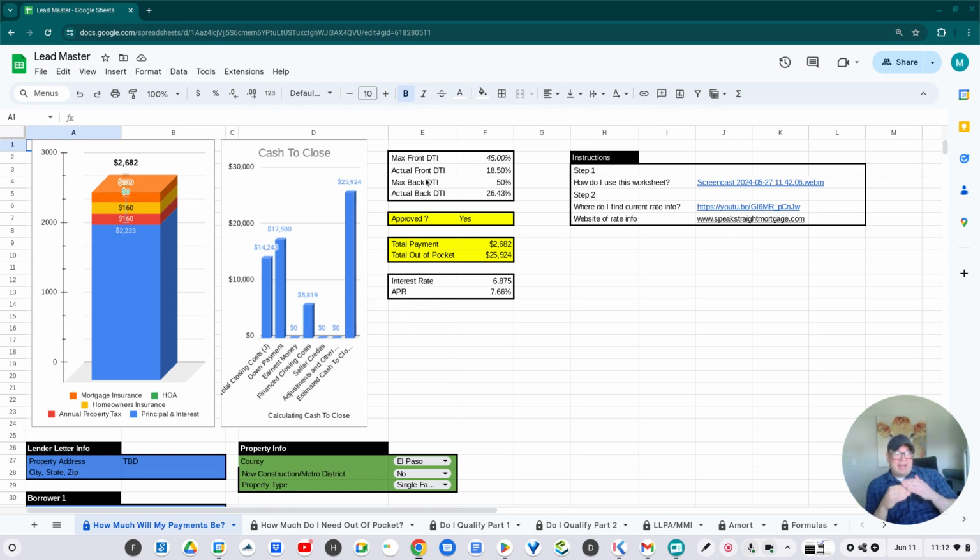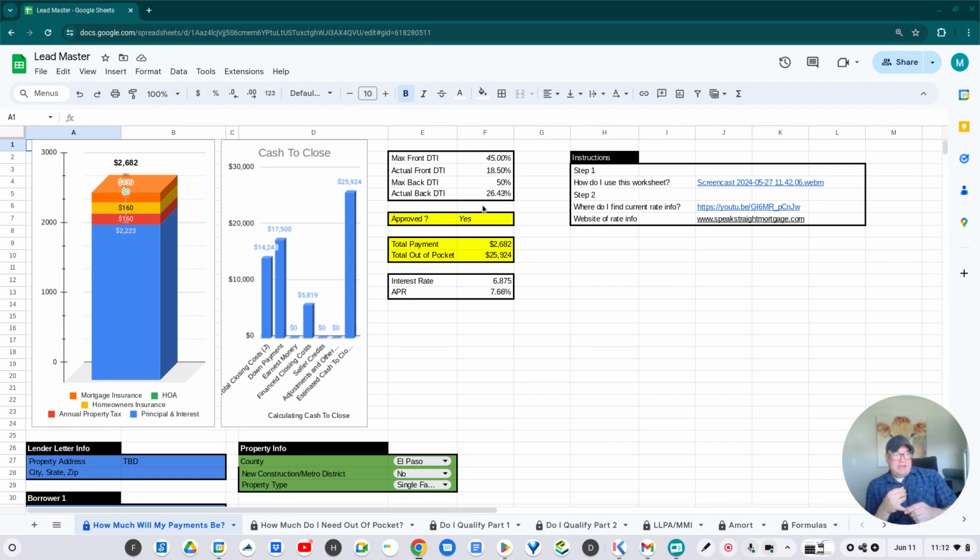And these are just estimates based on the numbers you're providing. I'm trying to make it as accurate as possible, but to get the exact number, you need to run what's called an automated underwriting system to see what you get approval for. Based on my experience, I'm giving you the closest guess that I can get. Anyway, that's important to understand.